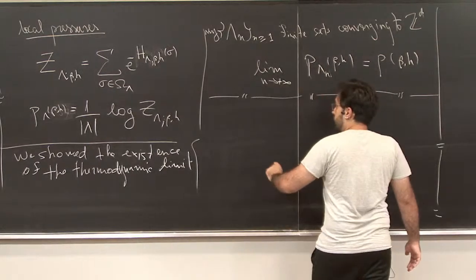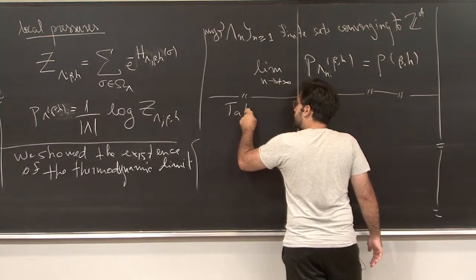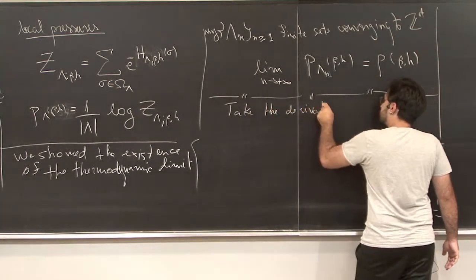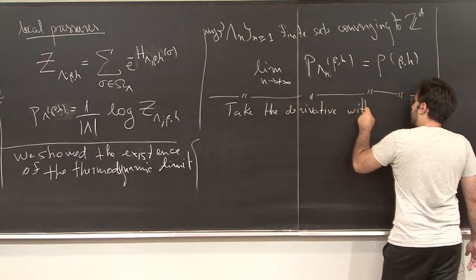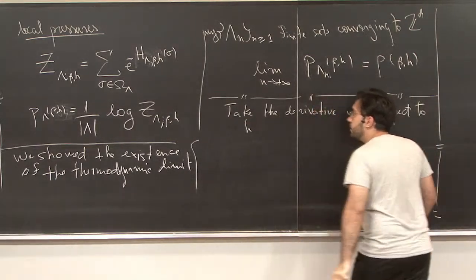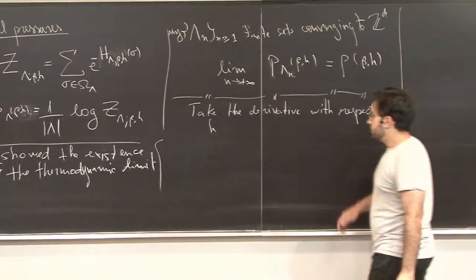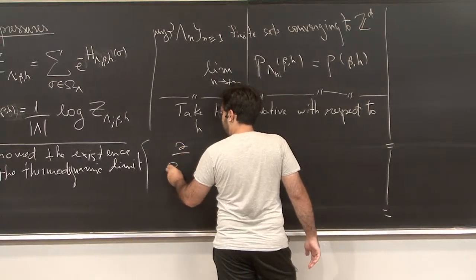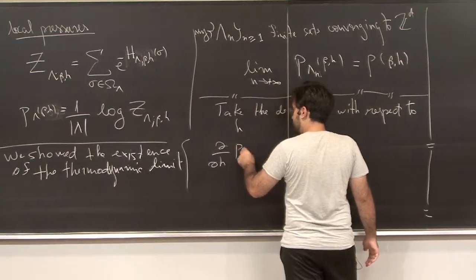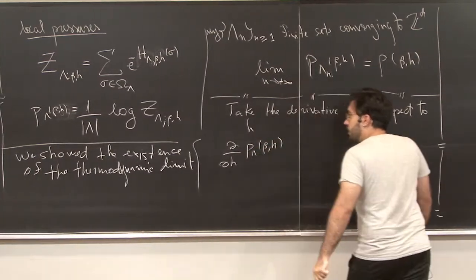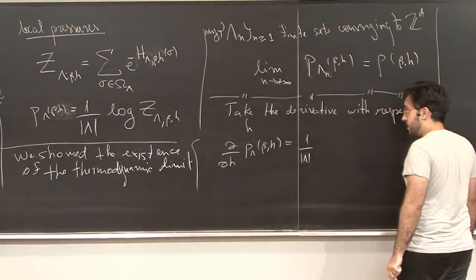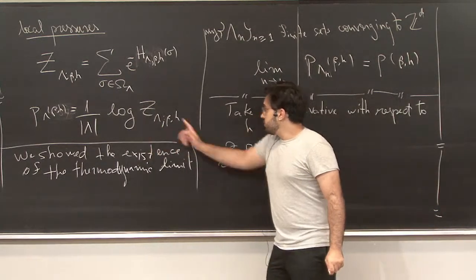So let us take the derivative with respect to h. Okay, so what happens in this case? If you take the derivative with respect to h of this expression, you get something like this. You get 1 over the size of Lambda, and then you have to differentiate the log.